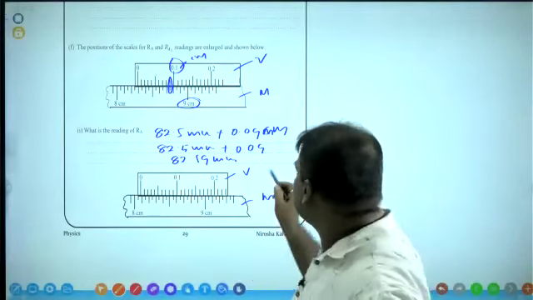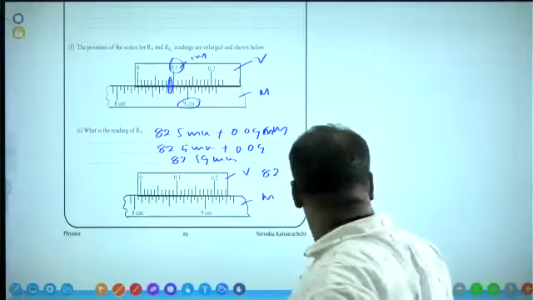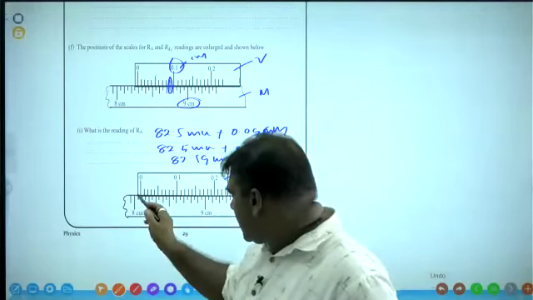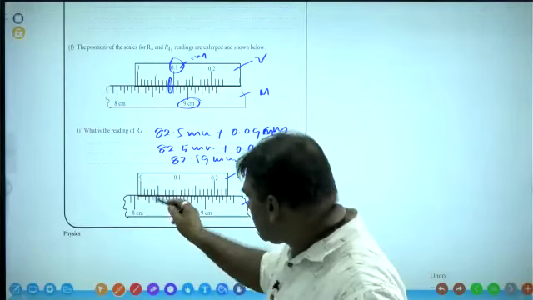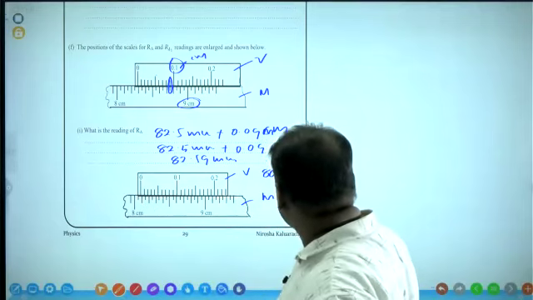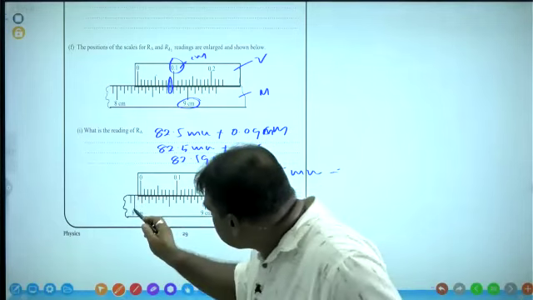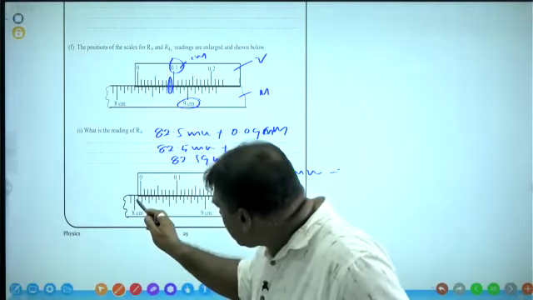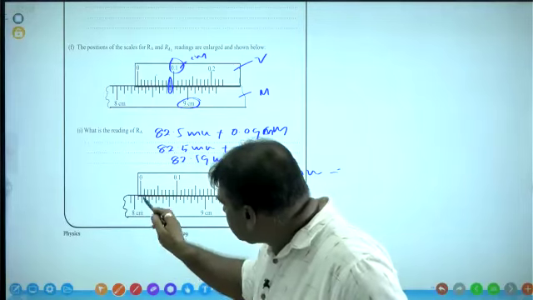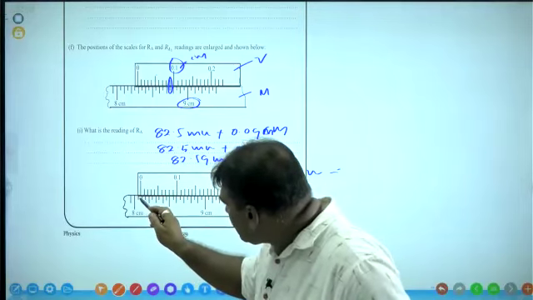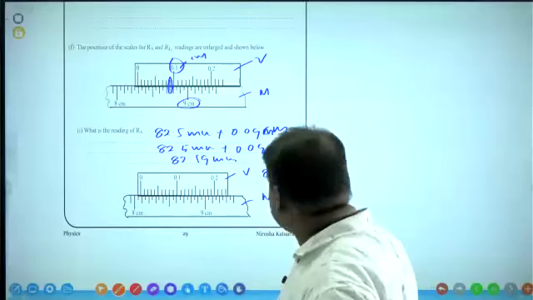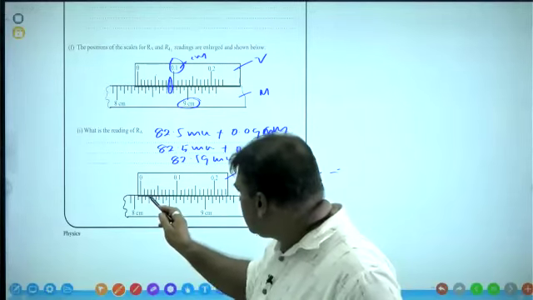And this reading is 80.5 millimeter plus here. 8 centimeter is 80 millimeter, and 0 passes, 80.5 millimeter completed.